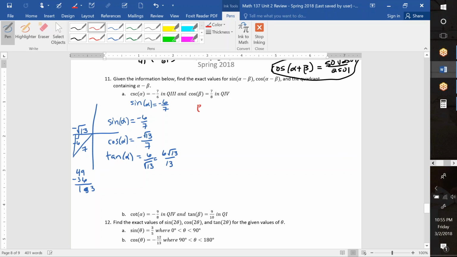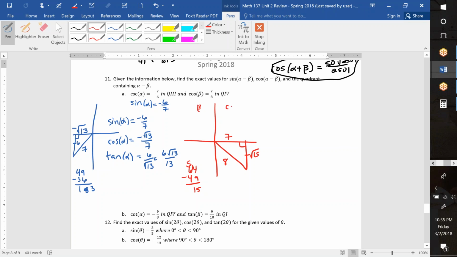So what they told us about beta is that it is in quad 4. And its cosine is 7 over 8, so adjacent over hypotenuse. That's going to be 64 minus 49. So that's 15. So that's square root of 15. And in this quadrant, the y's are negative.